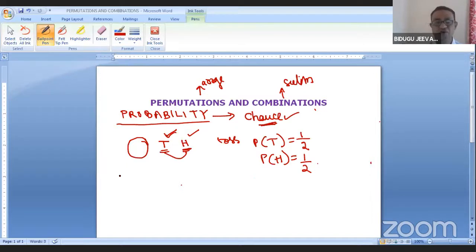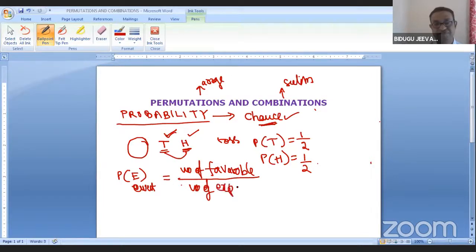Strictly speaking, what is the probability of any event? Probability of an event is equal to number of favorable events by number of experiments. That means the experiment we are doing, and favorable, which is convenient to us. Here, what is our experiment?